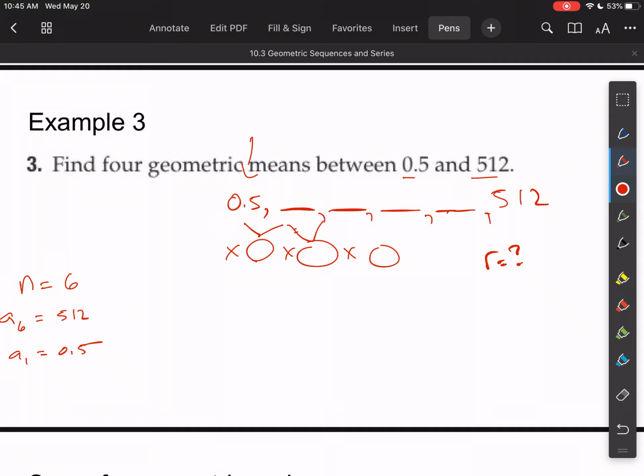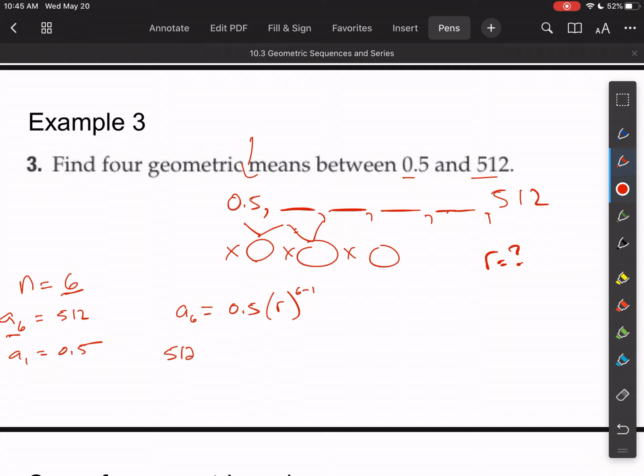To find r, I can use the fact that I know a sub 6. So I can say, okay, well, a sub 6 is equal to my first term, which is 0.5, times r, all raised to the, since n is 6 in this case, it'll be 6 minus 1. Okay, since I know a sub 6, the 6th term, I can replace it.